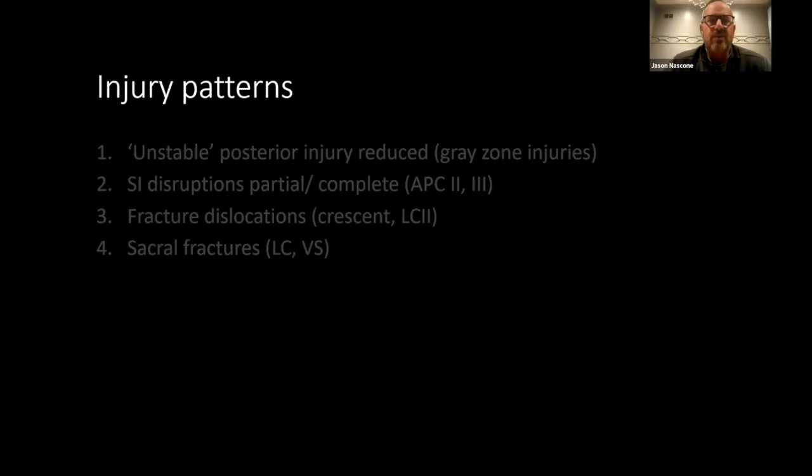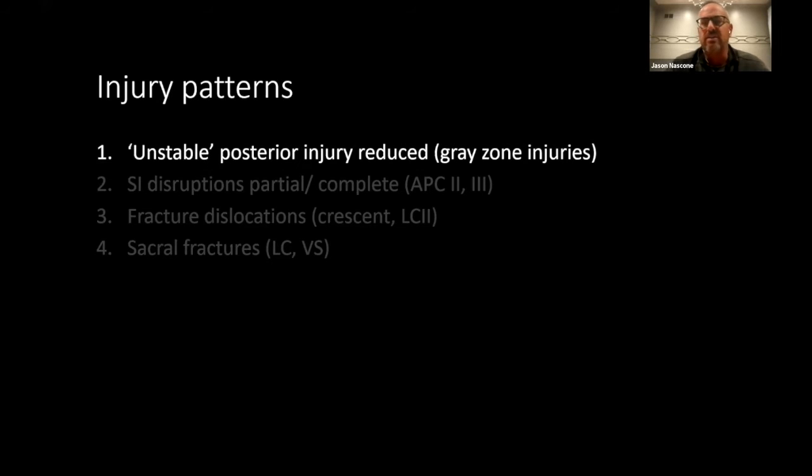So the main injury patterns we're going to be looking at, there's really four. The first is an "unstable" posterior ring injury where the pelvis is reduced. A lot of times this falls into the gray zone area of the pelvis, or a posterior ring that you're worried will displace. The second type is a sacroiliac disruption that's either partial or complete, so an APC type 2 injury or a type 3 injury.